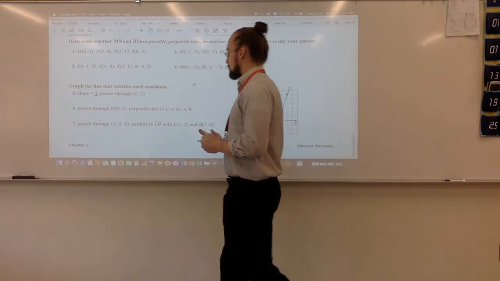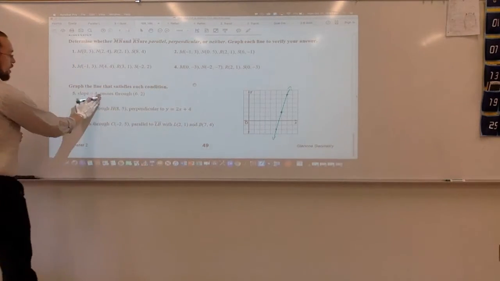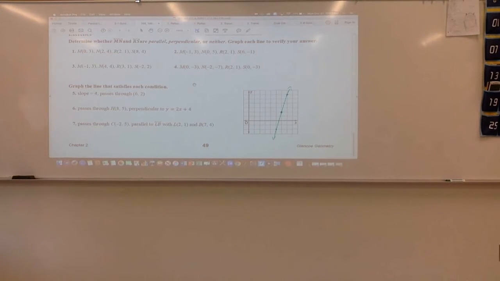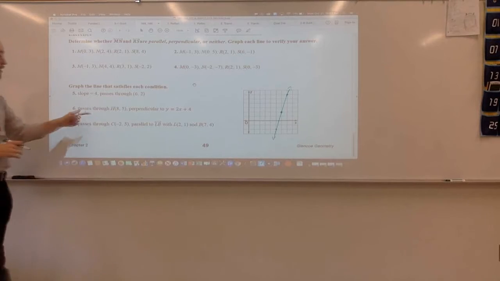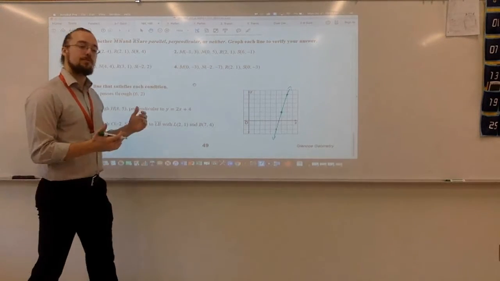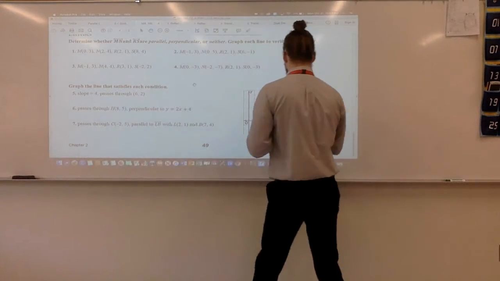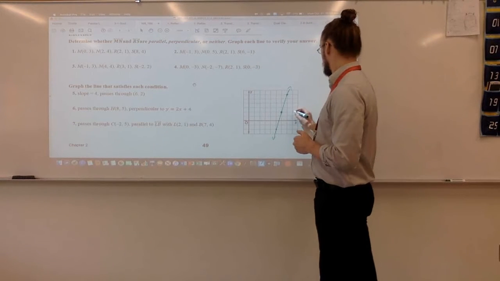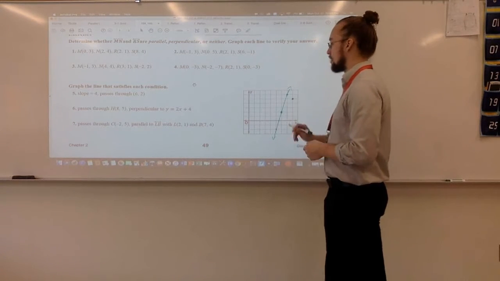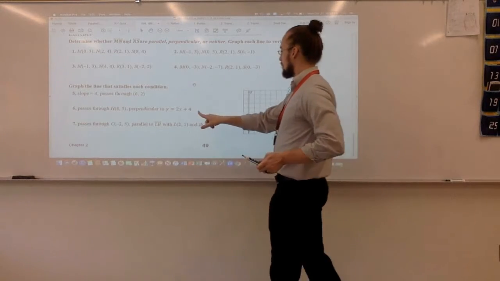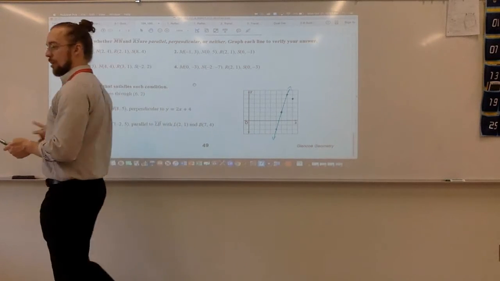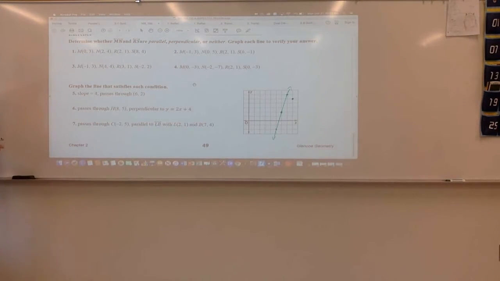Now, for the next two, it says graph a line that's parallel or perpendicular to something. So in number 6, it tells me I want to go through the point 8, 5. So 8, 5 is over here. But now I want this line to be perpendicular to this line.